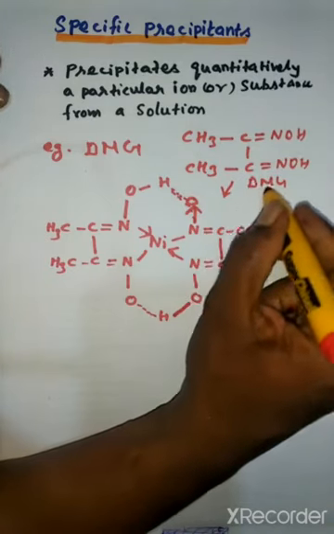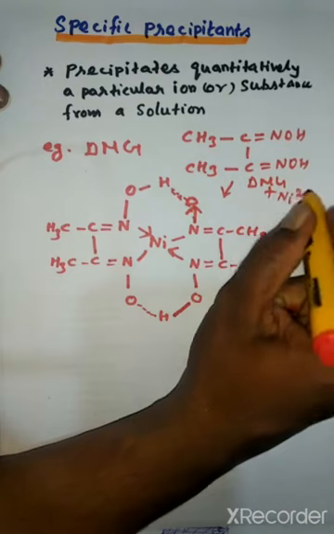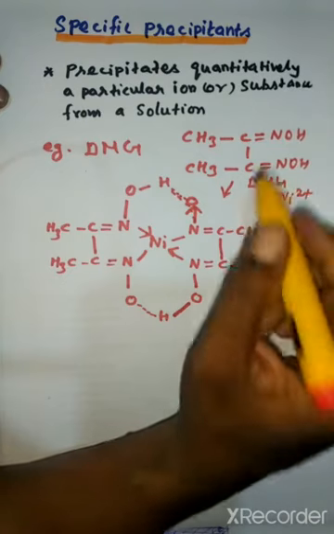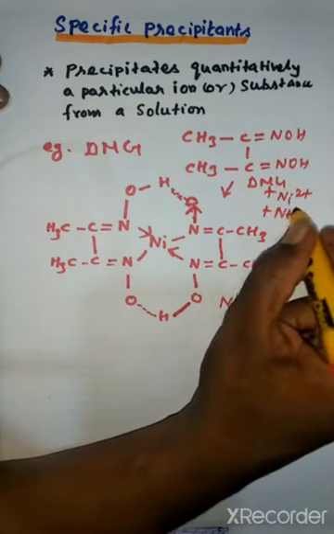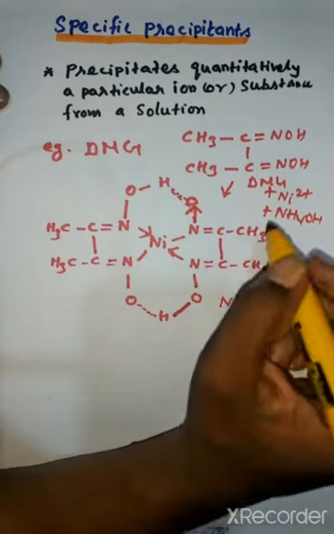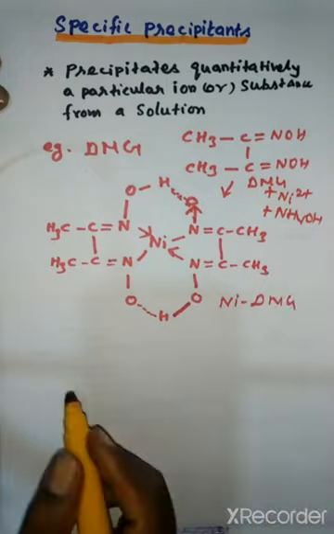If you are going to estimate nickel, when you treat the nickel in alkaline medium, for example with ammonium hydroxide, it forms this nickel DMG.